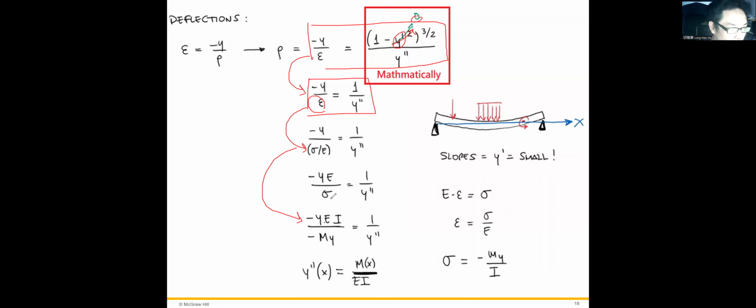Just replace the sigma, use My over I here. And then finally, we figure out that y double prime equals the moment function of x divided by Young's modulus times the second moment of area.